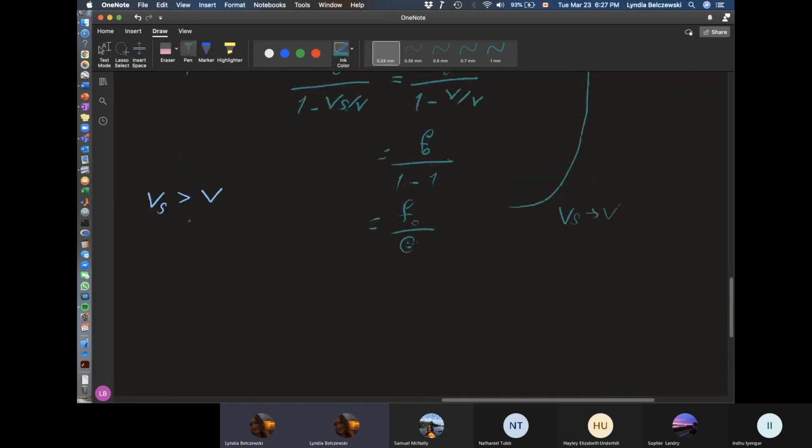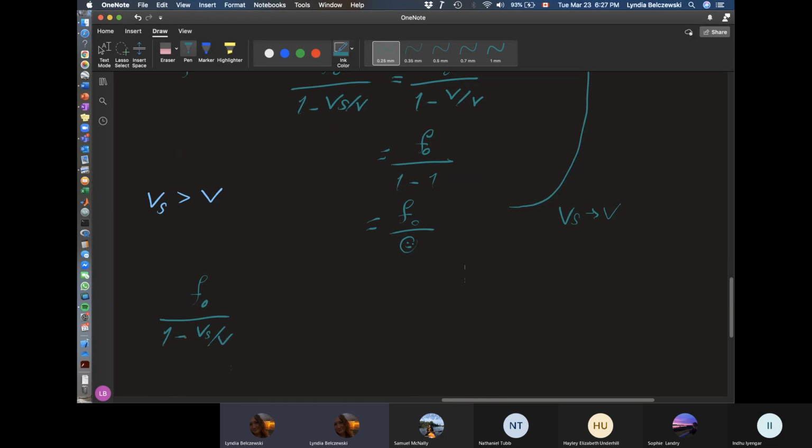So if the speed of the source is bigger than the speed of sound, you'll have F0 divided by 1 minus Vs over V. But Vs over V is going to be bigger than 1, right?